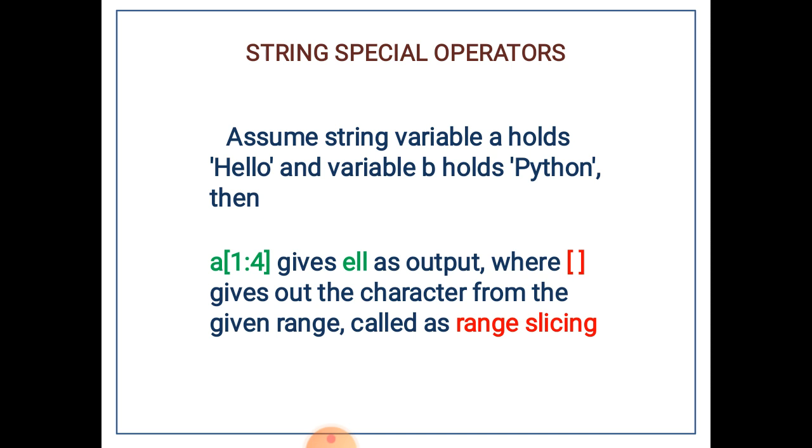So a of 1 is e, a of 2 is the first l, and a of 3 is the second l. The square brackets here give out the characters from the given range, and this concept is called range slicing.